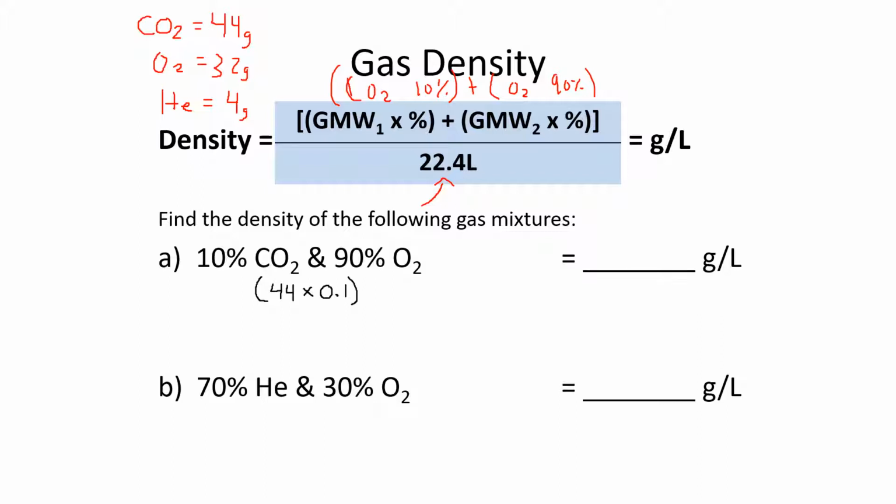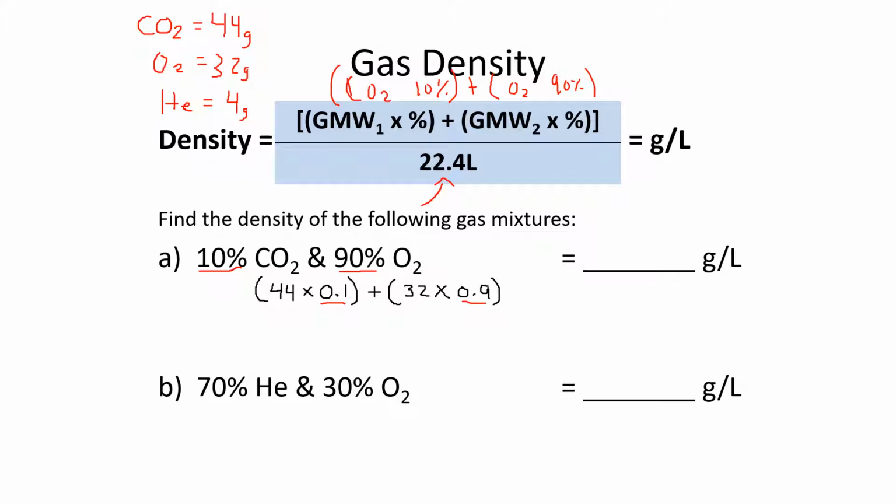So for carbon dioxide, 44 times 10%, so I changed the percentage into a decimal, so I don't have to worry about percent signs. And we're going to add that to the weighted average for oxygen. So oxygen is 32 grams per mole, and 90% comes out to 0.9 as your decimal.